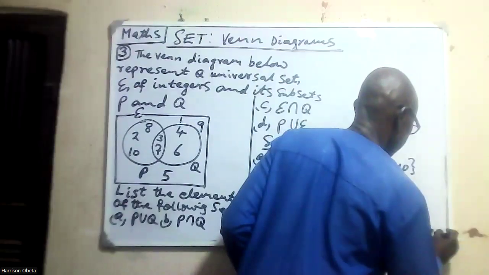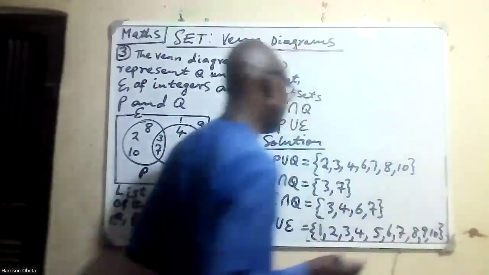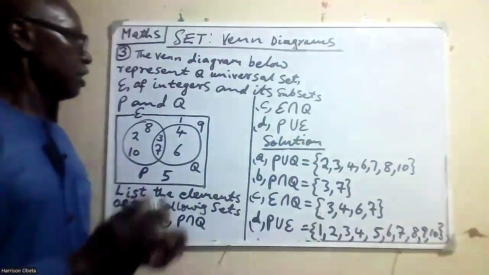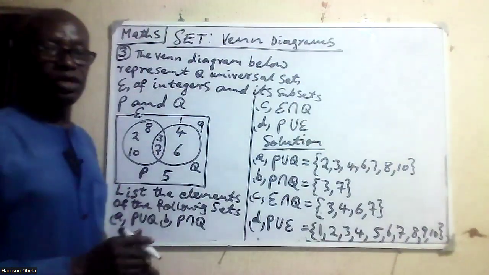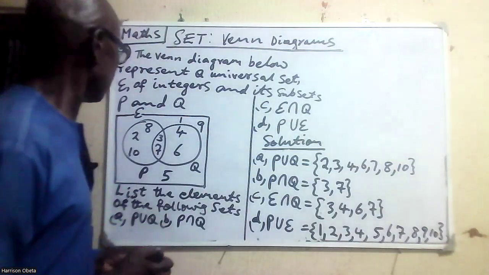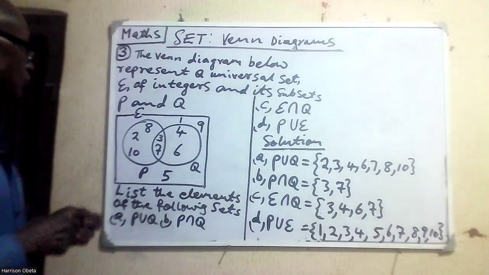As I said earlier, that is the elements in the universal set. So that is the answer to that.